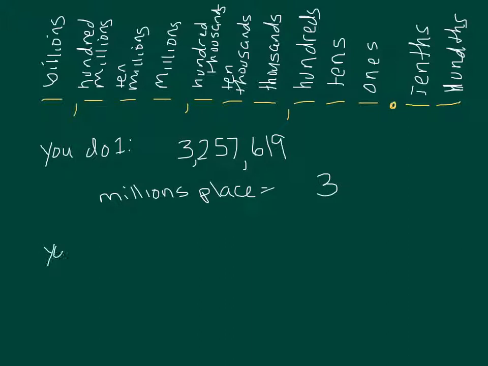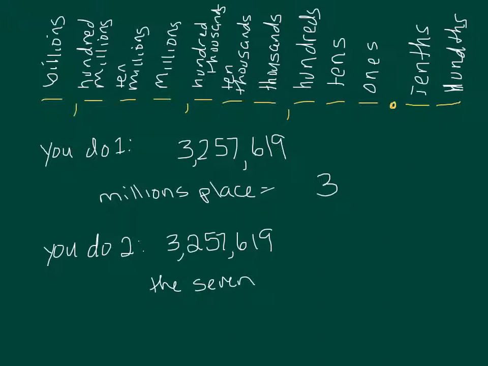You do number 2 says, in the number 3,257,619, which place value is the 7 in? Go ahead and push pause, find which place value it's in, and push play when you have it.